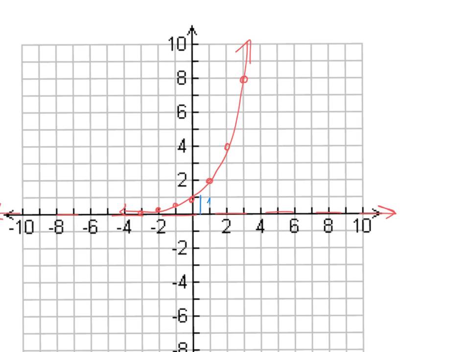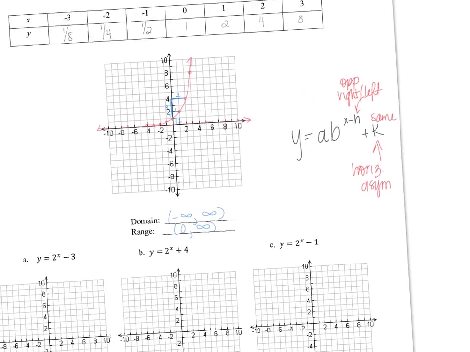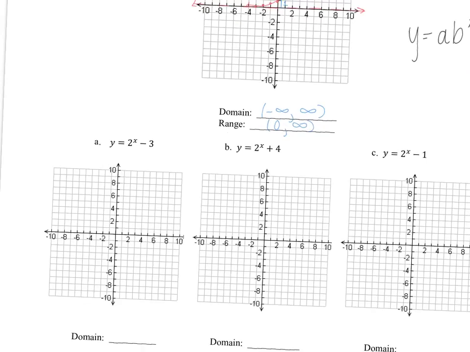And then from there you go up 1 over 1, and then you're going to go up 3 over 2. So every time I draw my horizontal asymptote, that's how I'm going to be moving. Let's just do a couple examples.